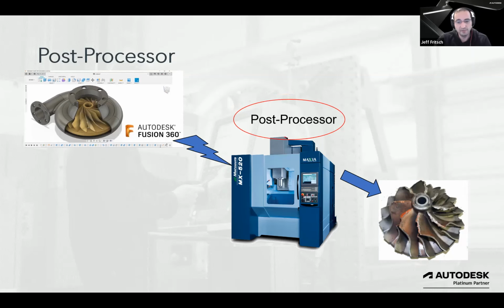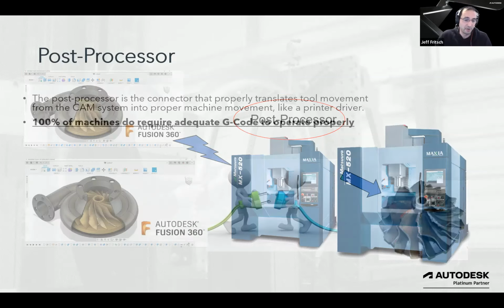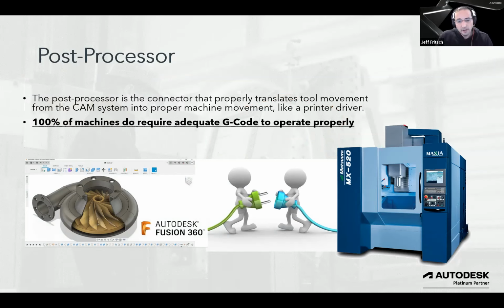Of course, any type of disruption in that conversion process will have a direct impact on the resulting parts coming out of that process. So really the point there is one way or the other, we really need to make that actual connection between the CAM system where the toolpath is generated and how the machine is going to understand that.